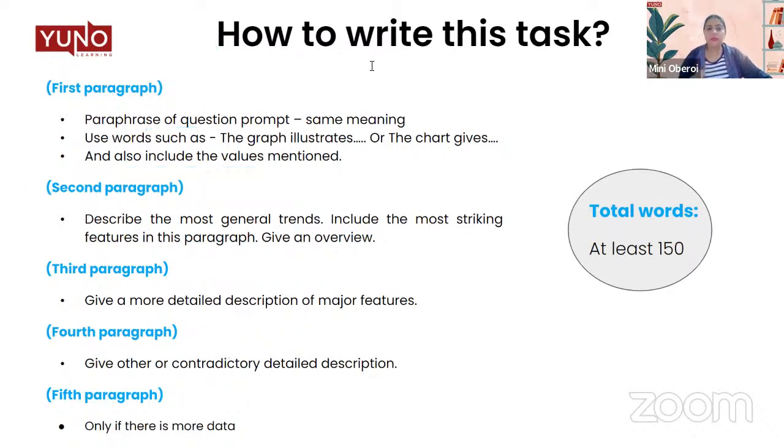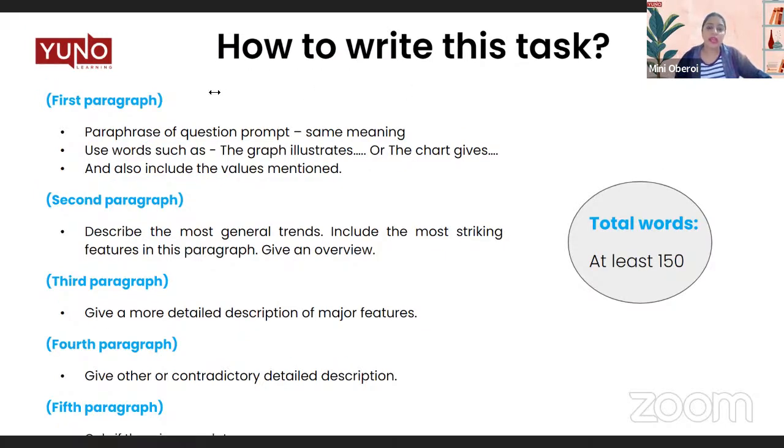Now, another important thing which I've observed recently is that many students do not dedicate correct amount of time when they write a report. See, guys, we have to consume only 20 minutes to write a report of, let's say, roughly 170 words.